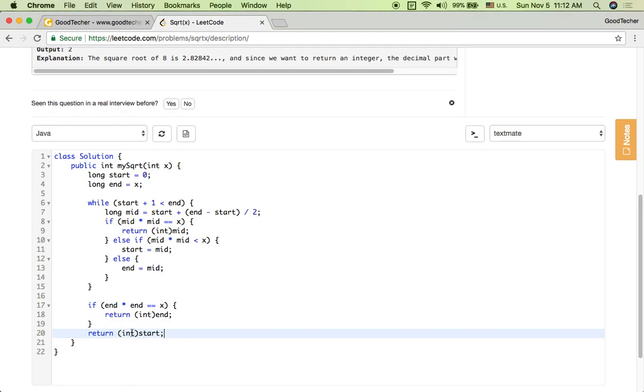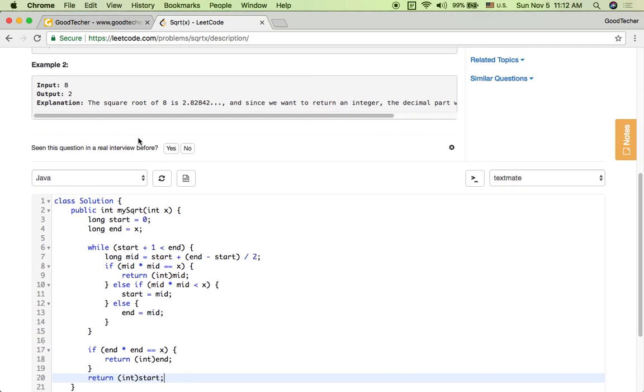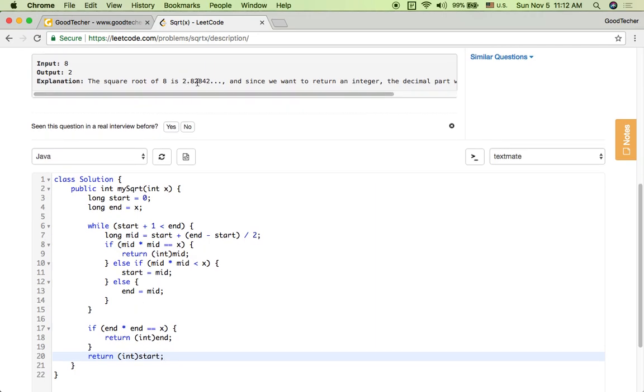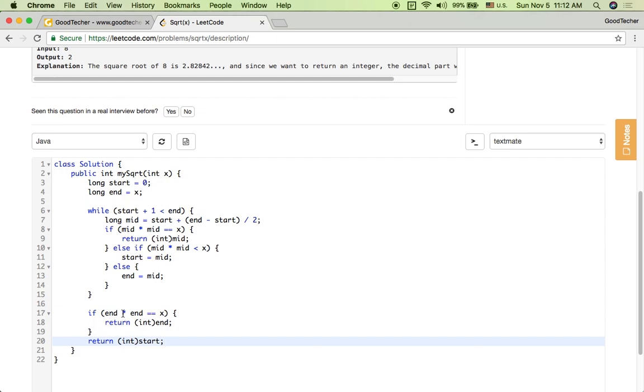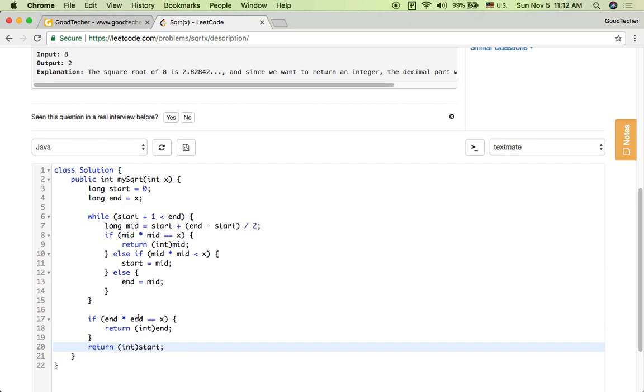This is just like the second example. If we have an input of 8 and we get something like 2.82842, at the end, the end would be the integer 3, because 3 squared is greater than x, so we go to the start. Start would be 2, and that's the integer result for input 8.